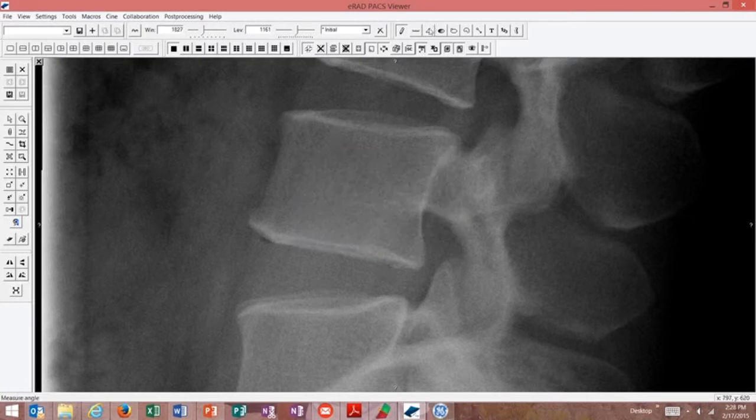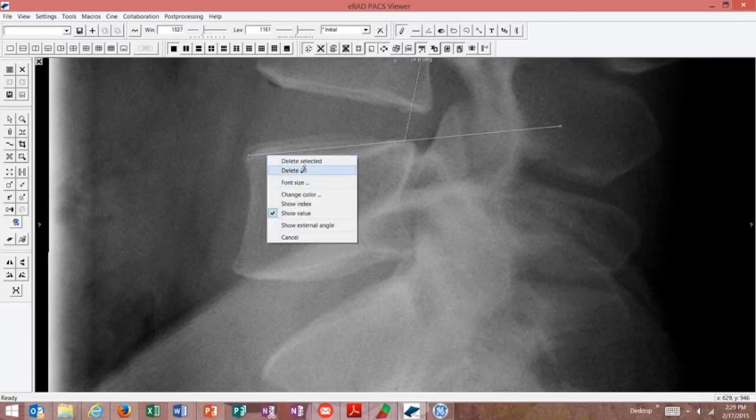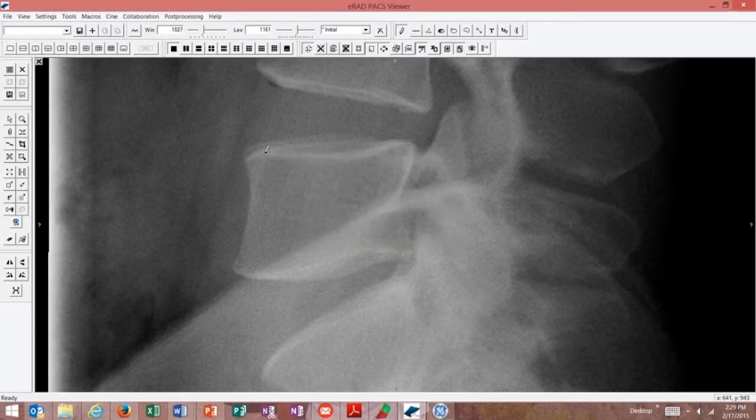Do L3, L4. For minus 14.6 degrees. L4, L5.